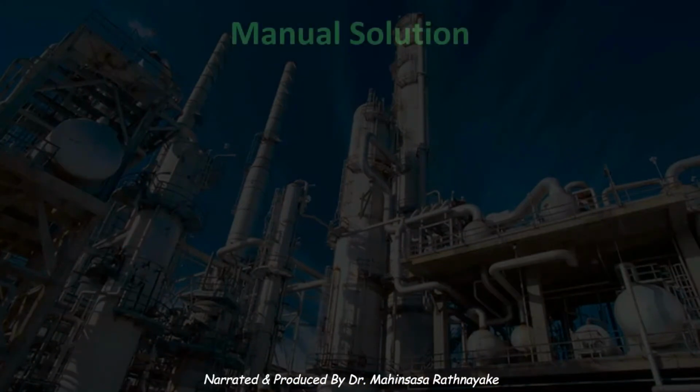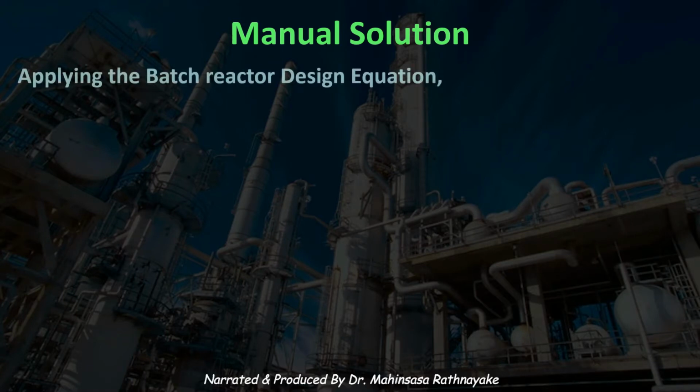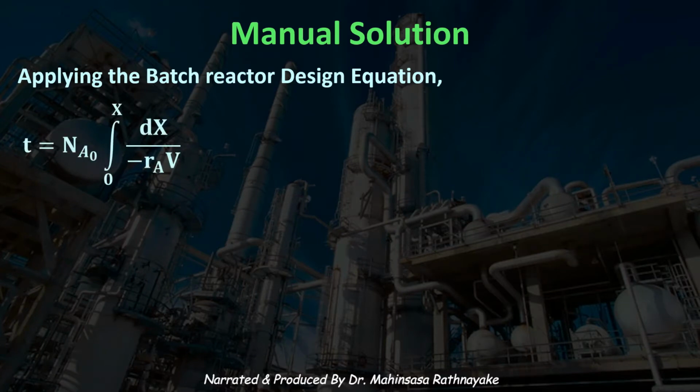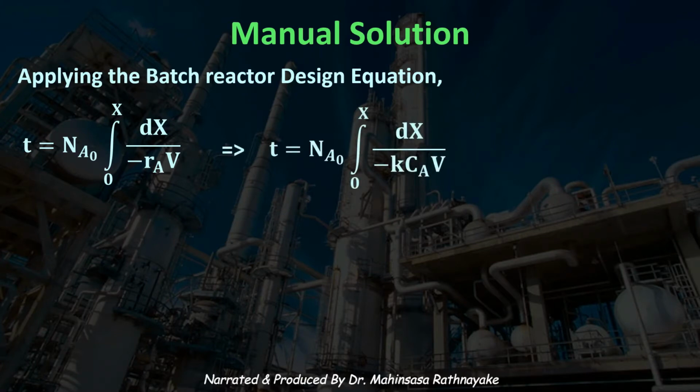First, let's see the manual calculation for this problem. We can apply the design equation of batch reactor for this problem and find out the time to reach 90% conversion. You can see the solution on the screen now.